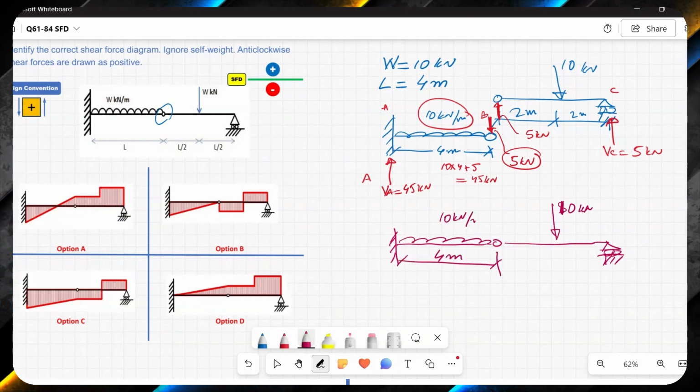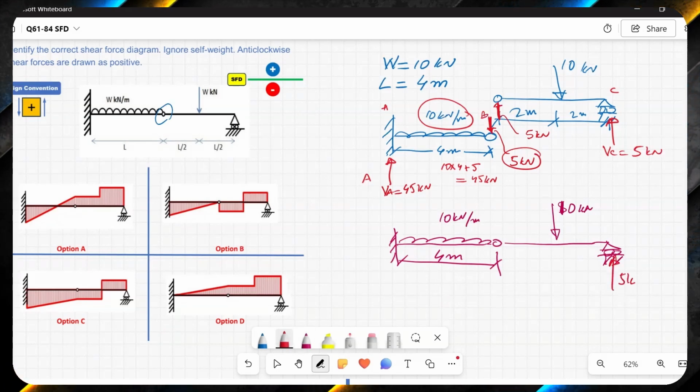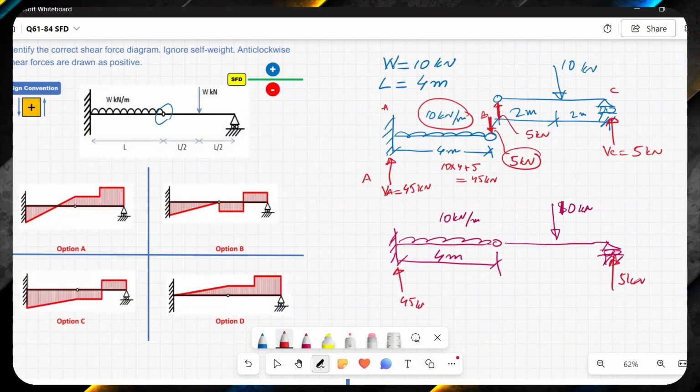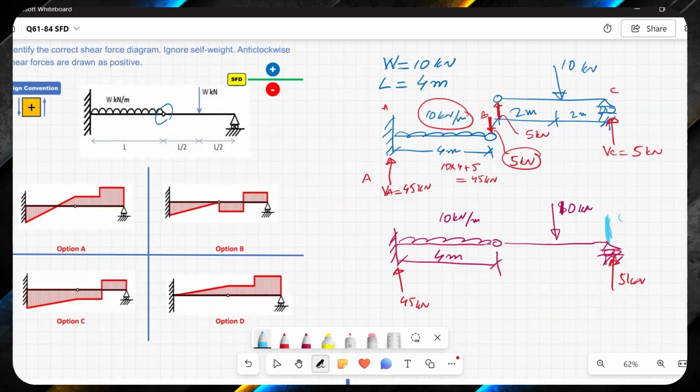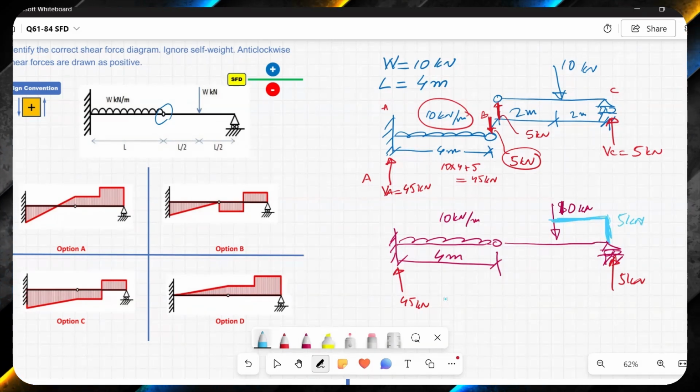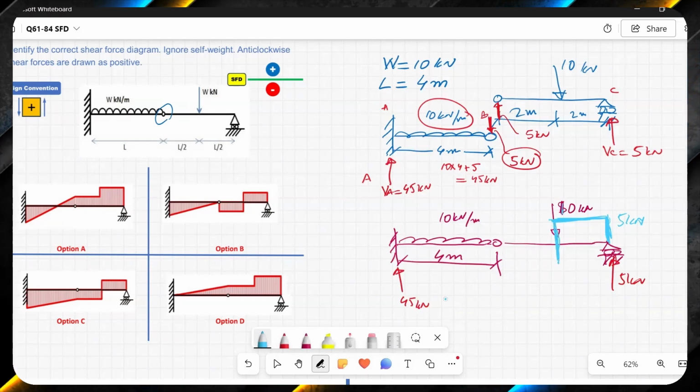This is 10 kilonewton per meter. Firstly, I will have this reaction of 5 kilonewton. I have a reaction of 5 kilonewton here, and I have an upward reaction of 45 kilonewton. So firstly, I will move up by 5 kilonewton, and then between this force and the load I don't have anything. Because this loading is coming down, I will come down over here.